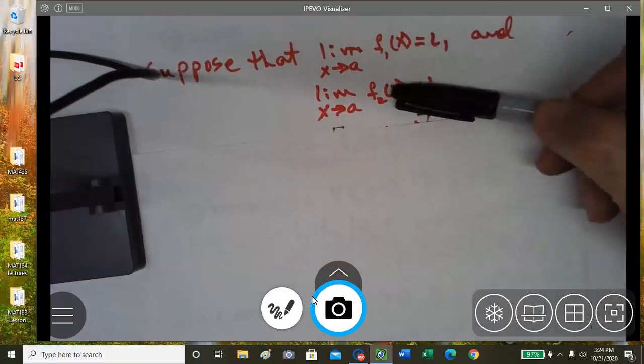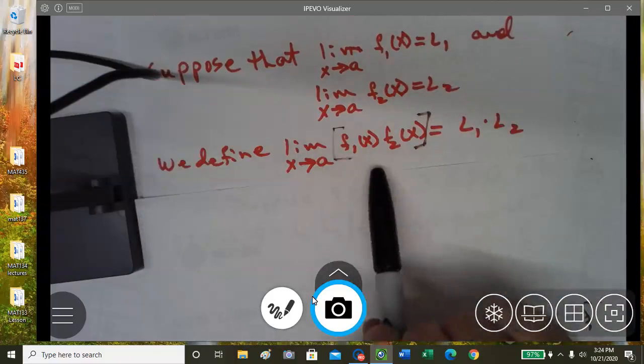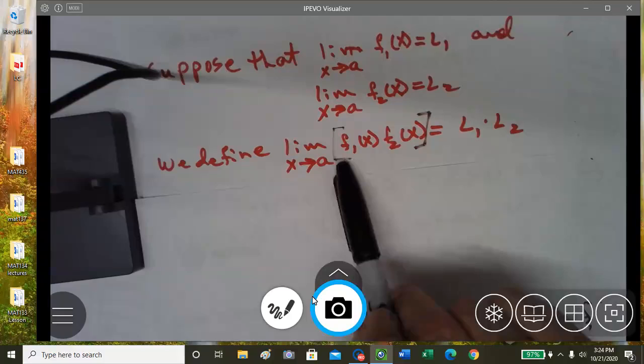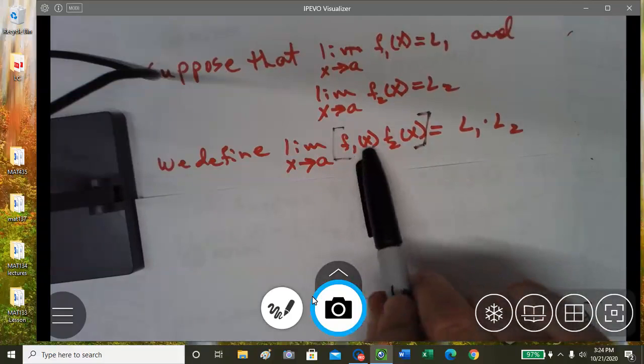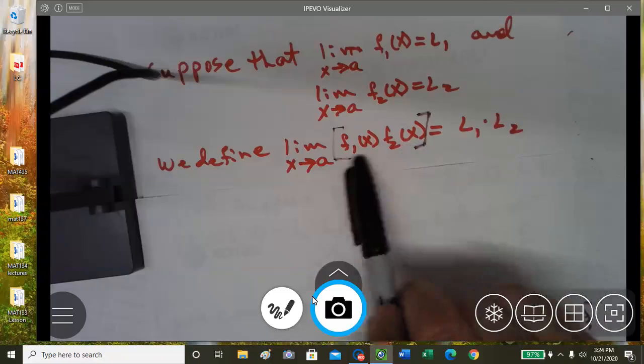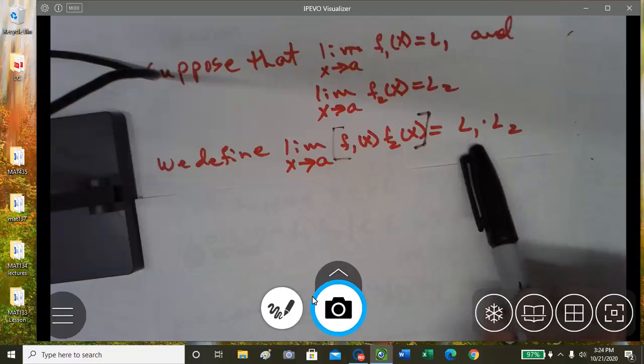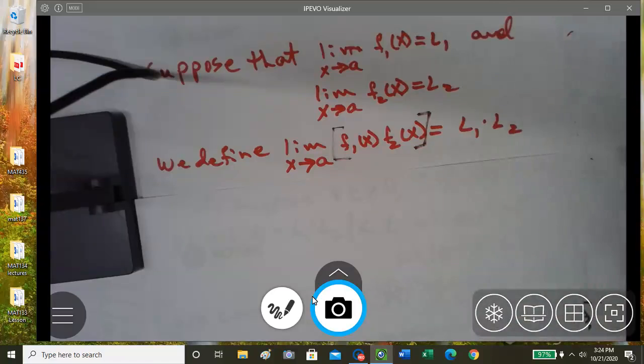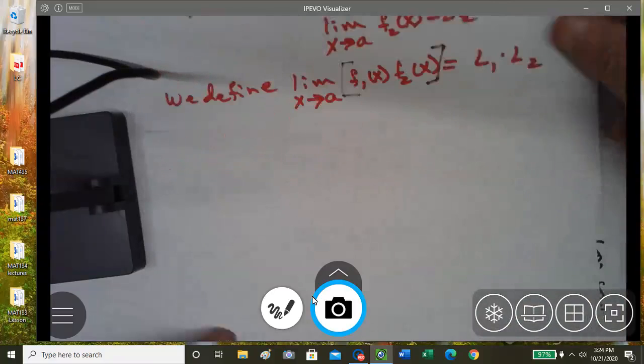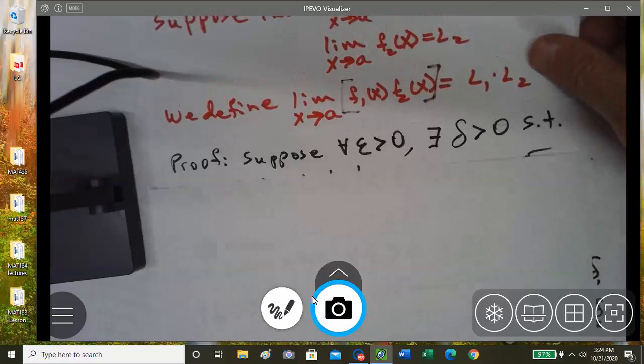So we have these two functions and we're going to multiply them to find the limit. So the limit of the product of f sub 1 of x and f sub 2 of x as x approaches a is the limit 1 times limit 2. So we want to prove that to be true.